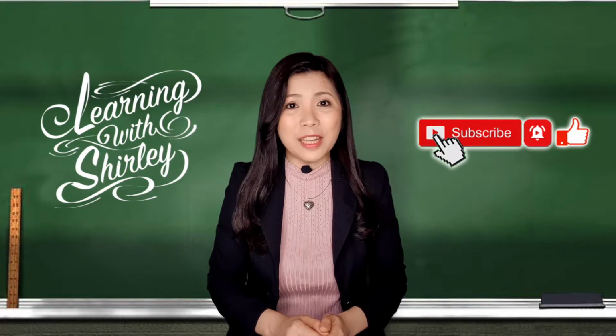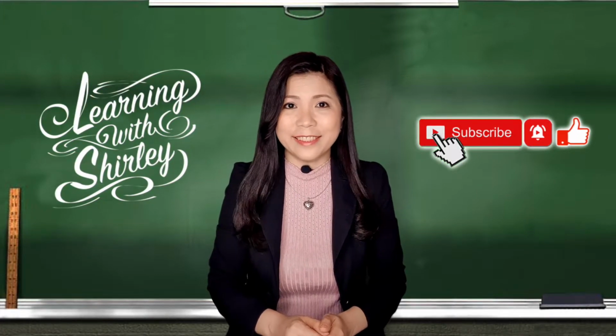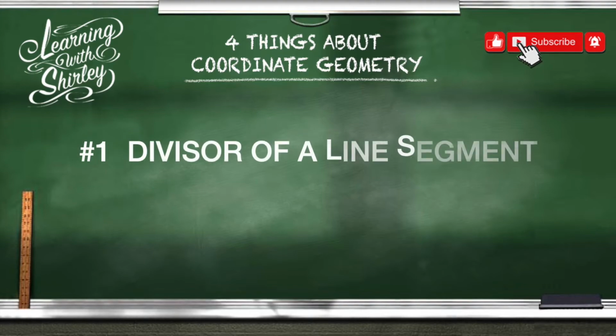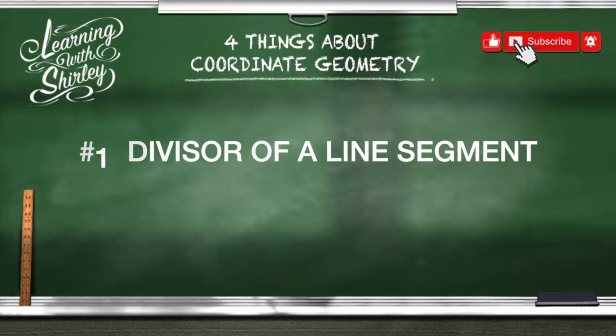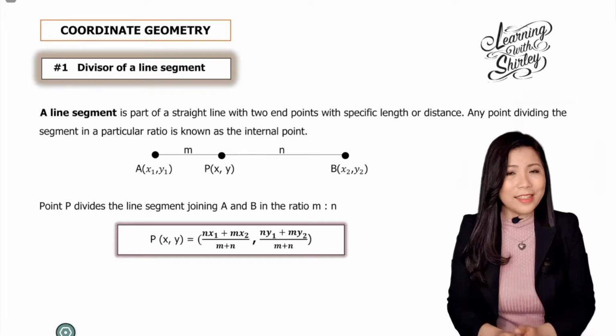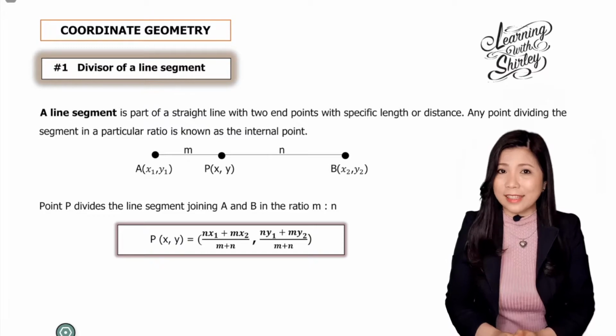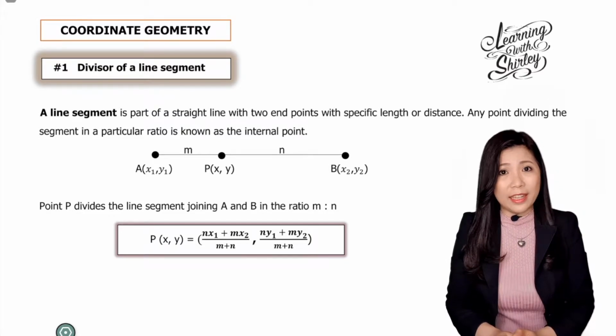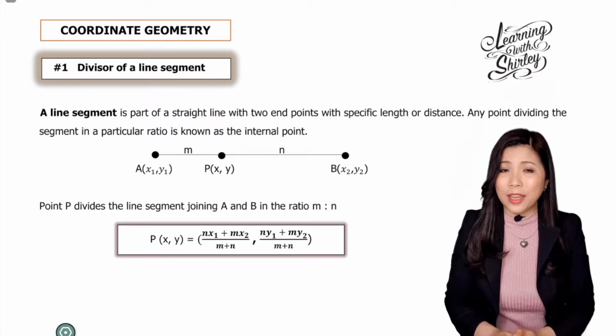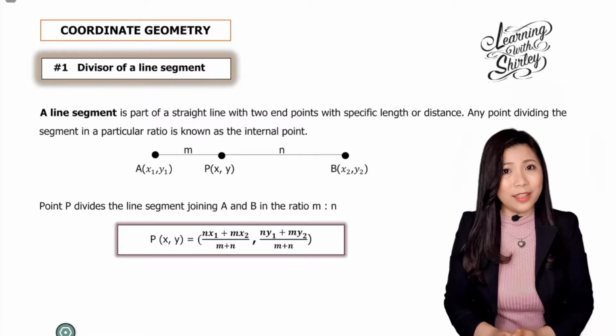Let's take a look at the first part of coordinate geometry. What is a line segment? A line segment is part of a straight line with two endpoints with specific length or distance. Any point dividing the segment in a particular ratio is known as an internal point.